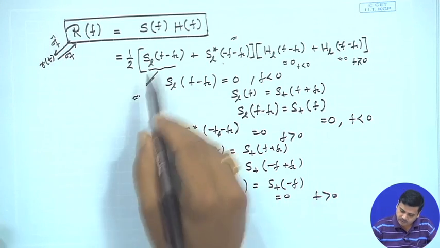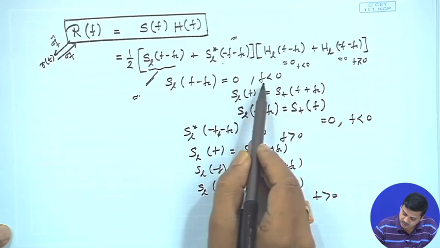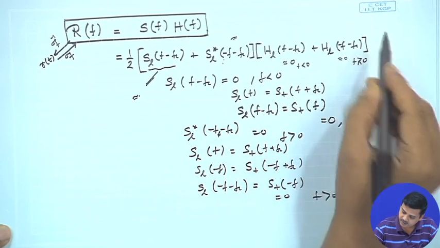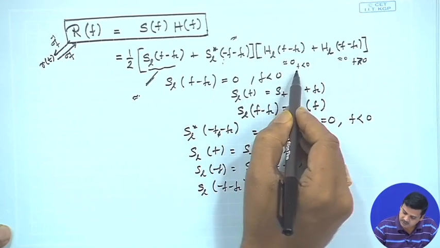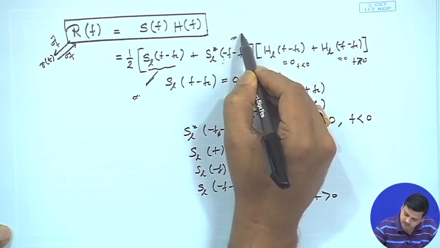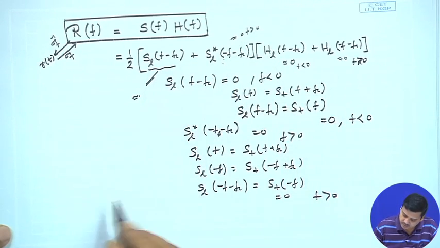Now, if we see these things, so for f less than 0, what we will find is only these two terms exist, right? Whereas, for f greater than 0, this term goes to 0, this term goes to 0. So, for f greater than 0, only these two terms exist.